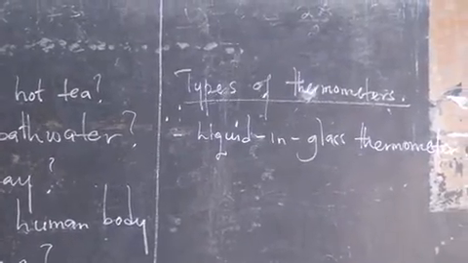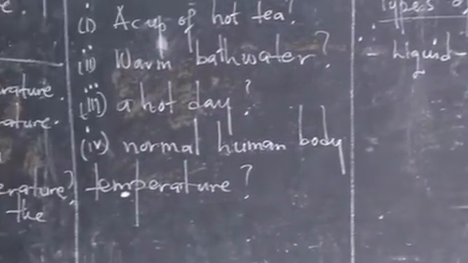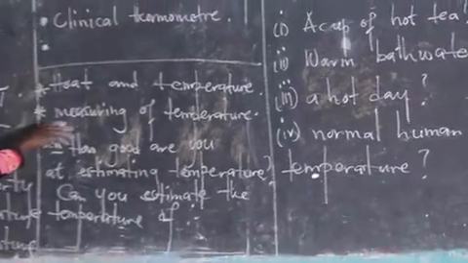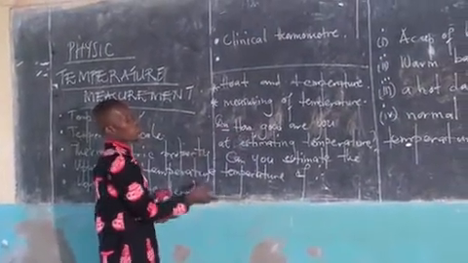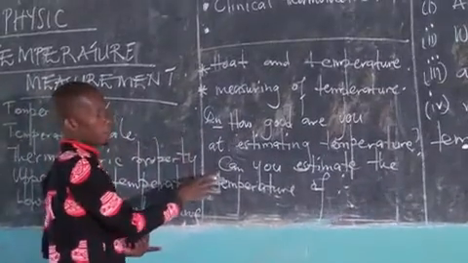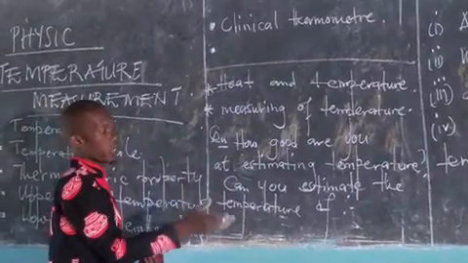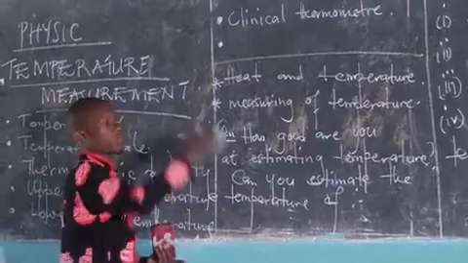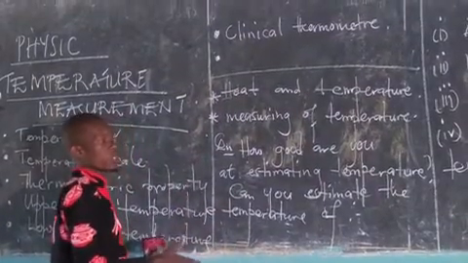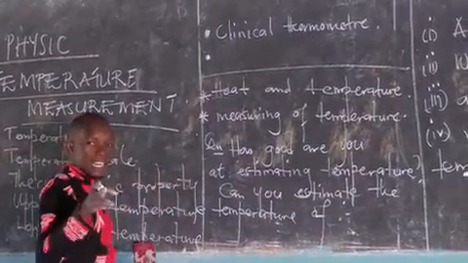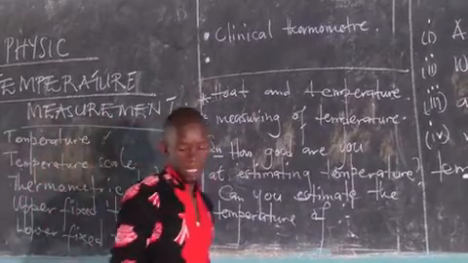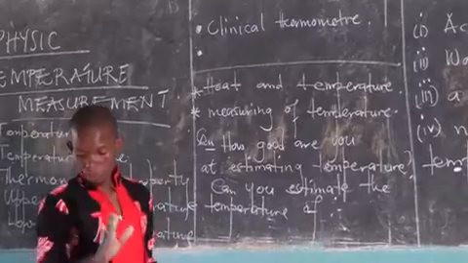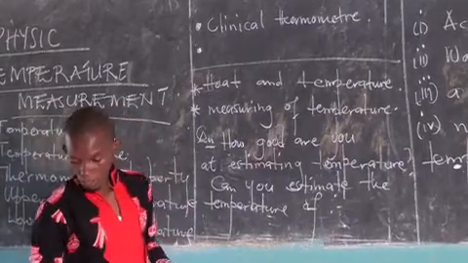Do you know how to measure temperature? Which instrument measures temperature? And how are you going to use that instrument to know the temperature? Can you estimate? Can you get the actual one? It's going to be in your task very soon, but I just try to highlight some.